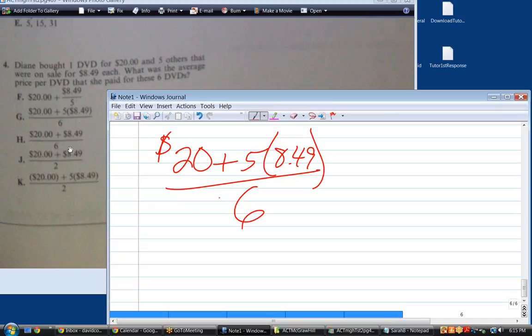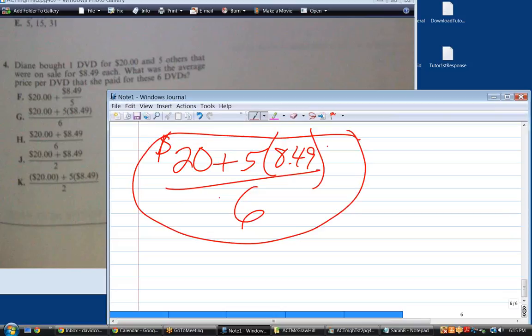Had I not looked at the answers, I might be tempted to come up with a number for that, which is a whole bunch of wasted effort and would actually be counterproductive. Because if I come up with this number, that isn't on there. I would have to back up to the step that I had done to see that that is the answer, not the number that comes from that.